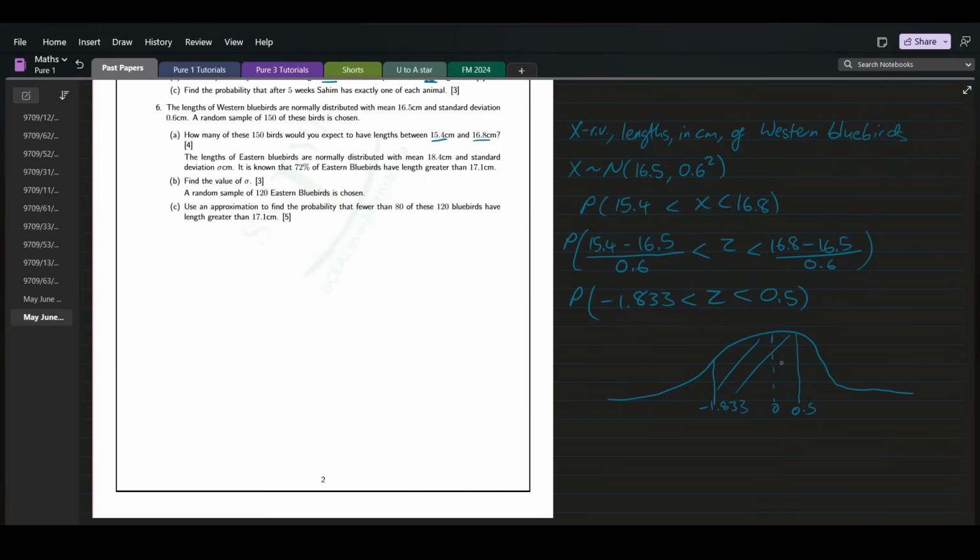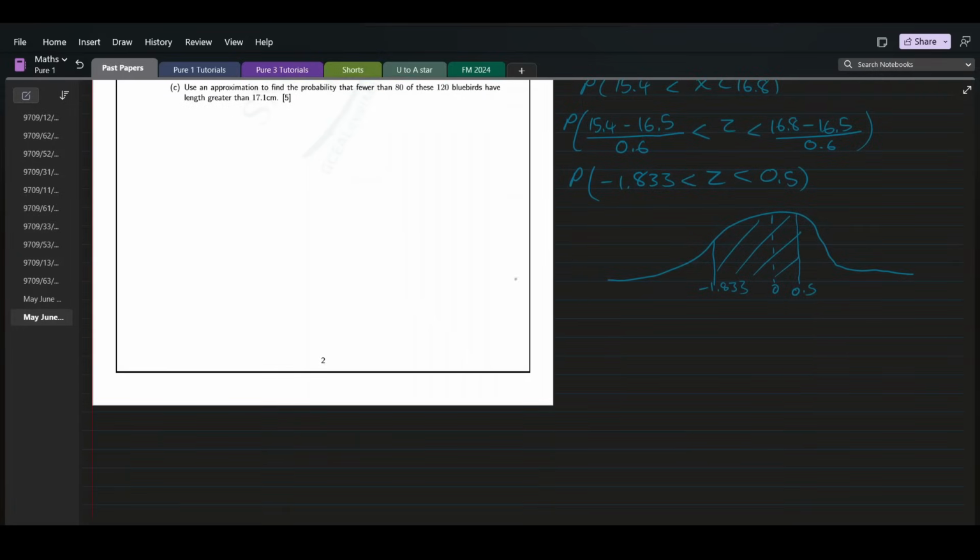We want this shaded region over here. So we can get that by saying phi of 0.5 minus 1 minus phi of 1.833. Okay, so read off the values from the normal distribution tables.